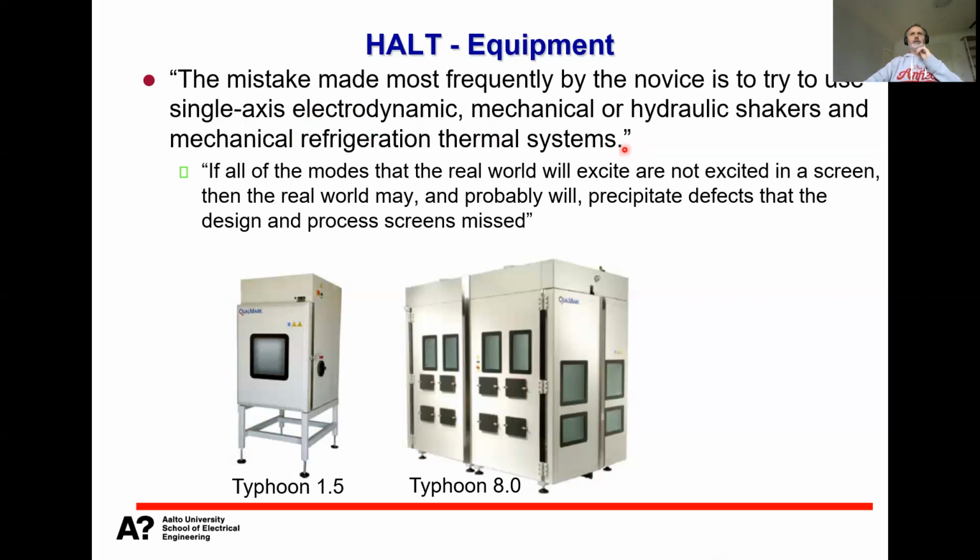Maybe it does not tell anything to you, but what this means is that they have a specific type of tool where you can do the vibration loading, random vibration, instead of just a shaker which would allow the vibration load in one single dimension. And mechanical refrigeration here means that you have a similar cooling system to the one in your freezer. You have a compressor which produces the cold ambient.